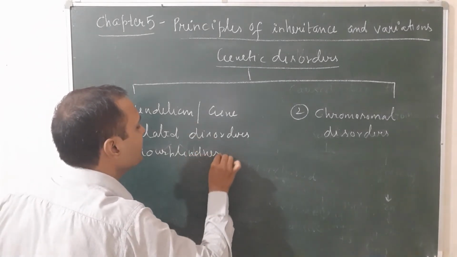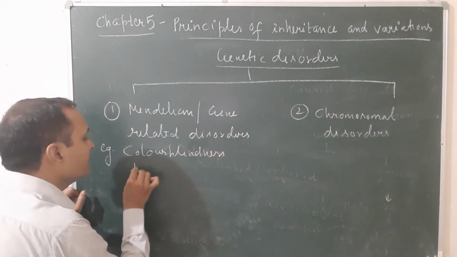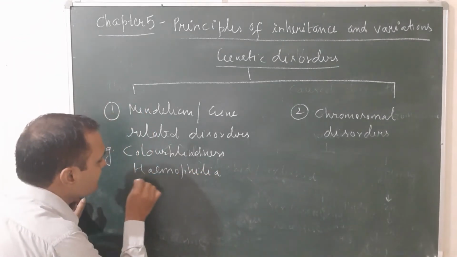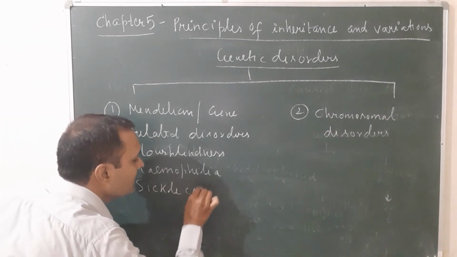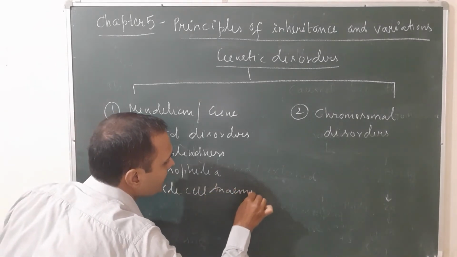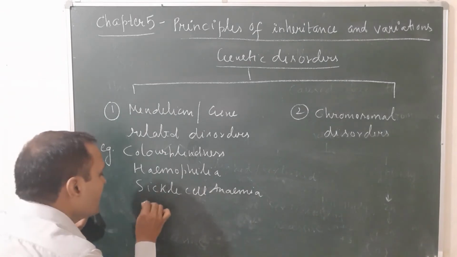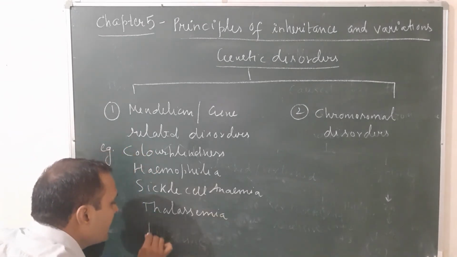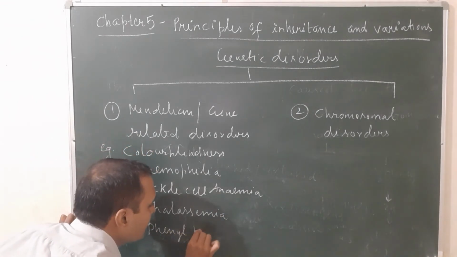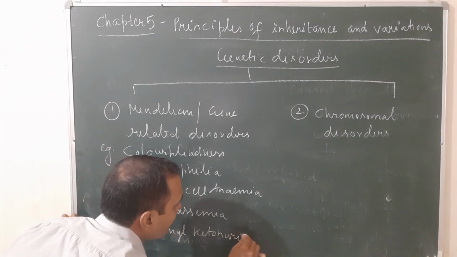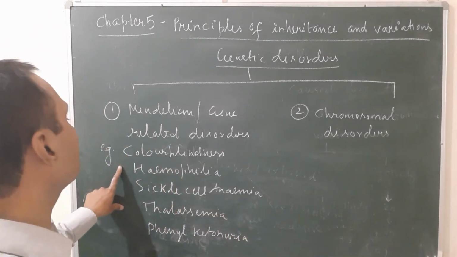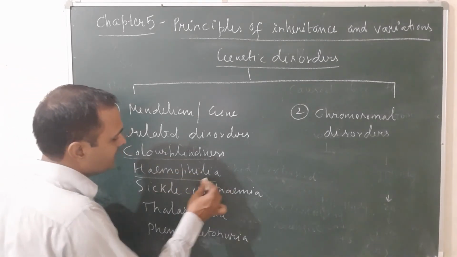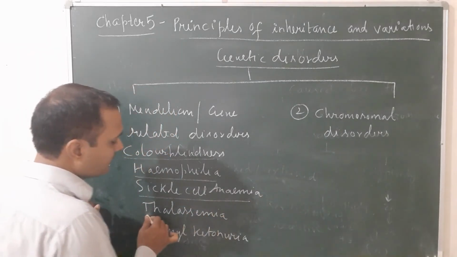Second one is hemophilia. Third one sickle cell anemia. Fourth one thalassemia, and last one is phenylketonuria. So total how many gene-related disorders in your syllabus? Total five: color blindness, hemophilia, sickle cell anemia, thalassemia, and phenylketonuria.